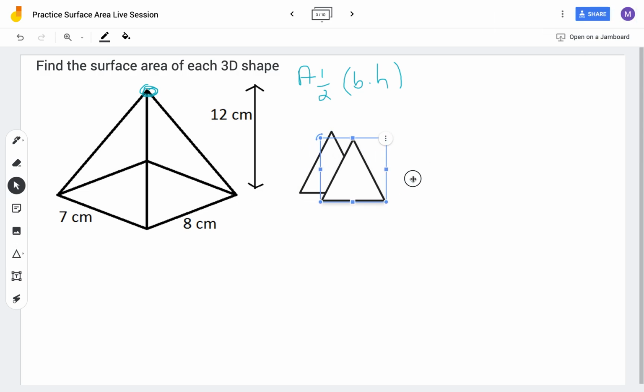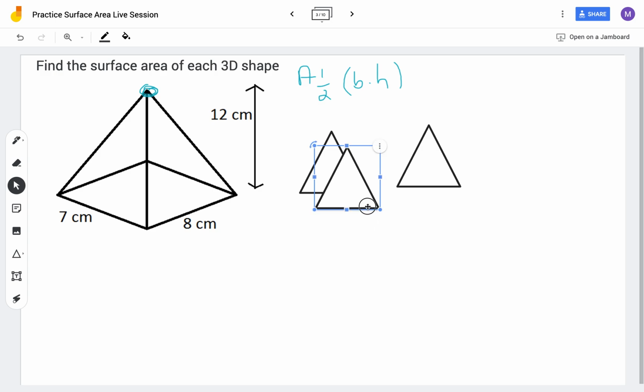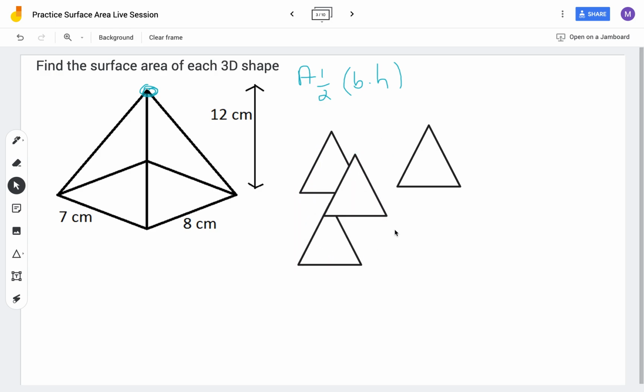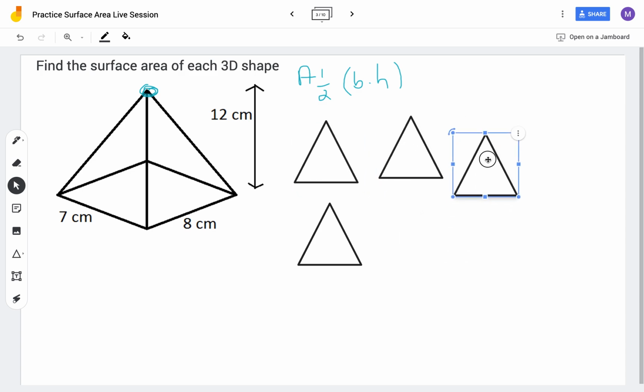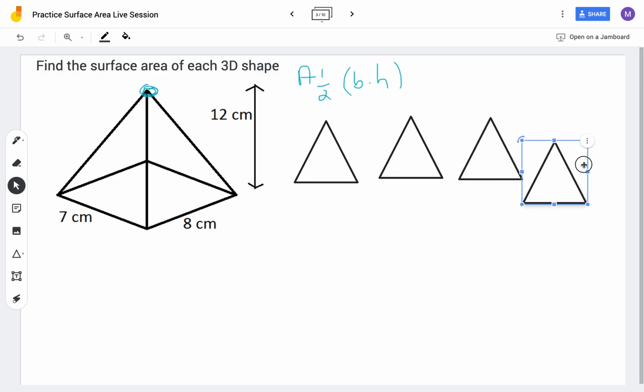One, two, 3, 4. So we have our 4 triangles. Again, we cannot assume that all the triangles are the same size. I'm going to go ahead and tell you they're not all the same size. But we do have 4 triangles.